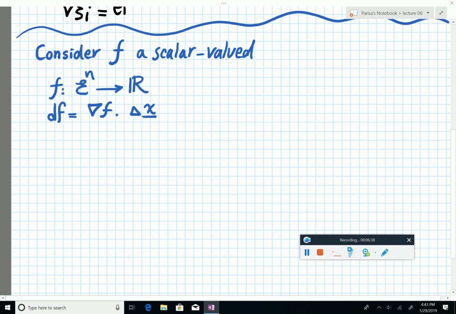Now, how do I write this in coordinates using the coordinate system? Because typically this is not how we have the functions. Typically our function is actually tied to some sort of coordinate system. We want to study an object and we have to choose a coordinate system. It's actually pretty easy.